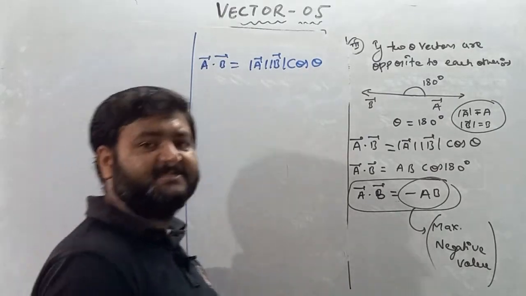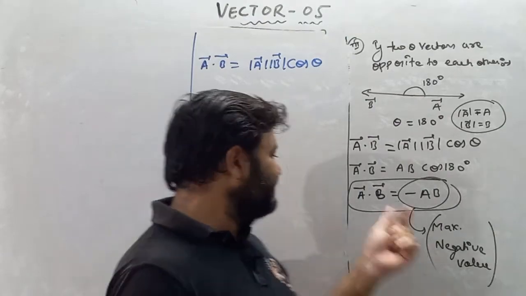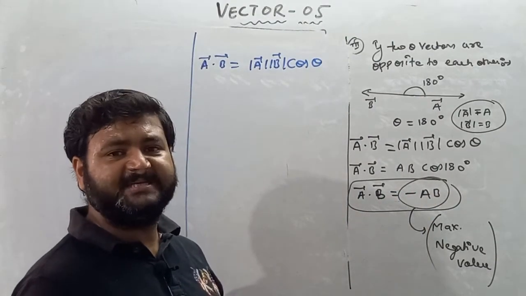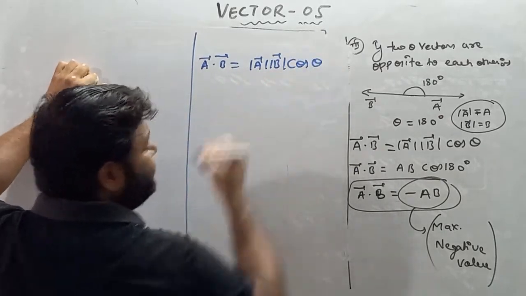In previous cases, we discussed that if theta changes, then the result of dot product also changes. So we'll say that dot product depends on angle between two vectors.